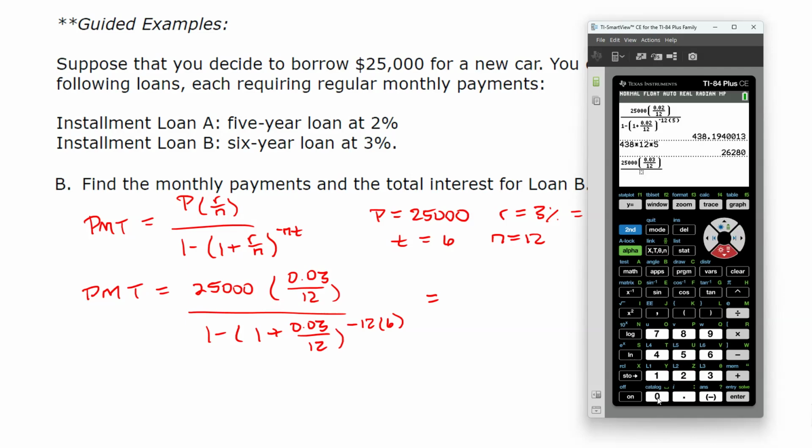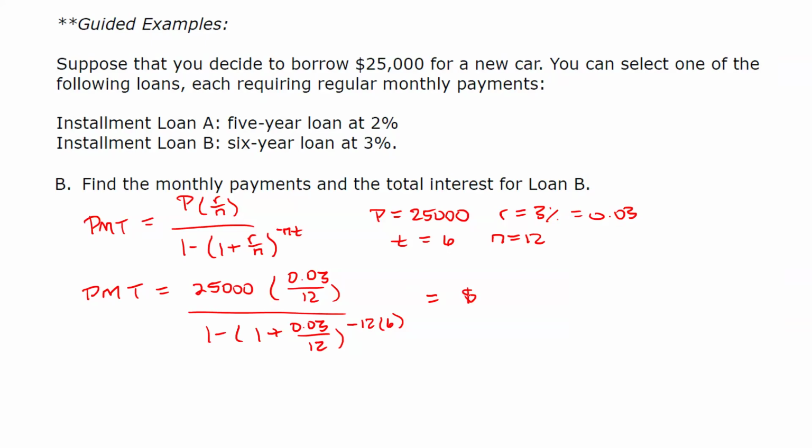Go to the denominator, 1 minus 1 plus alpha x, 0.03 divided by 12 raised to the negative 12 times 6. All right, so our monthly payment here, rounded to the nearest dollar, is going to be $380.